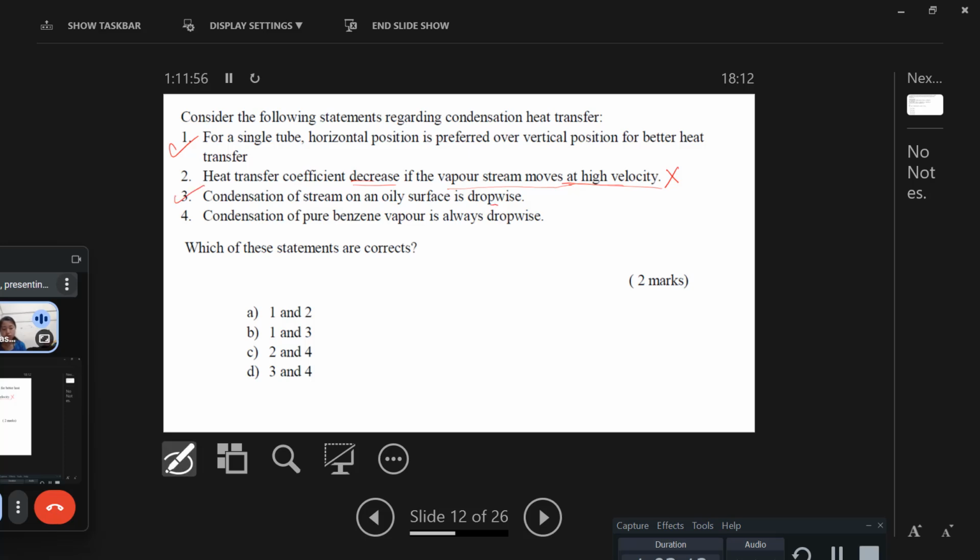So this is also correct, because oil is hydrophobic in nature, so it will prevent the film formation. So it will be mostly dropwise. And condensation of pure benzene is always dropwise. This is wrong. So we get the correct statements as 1 and 3.